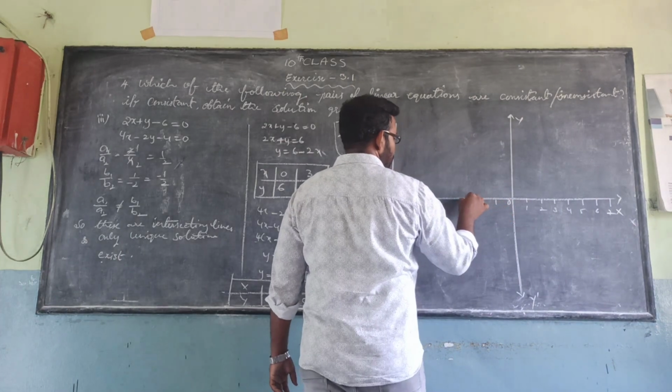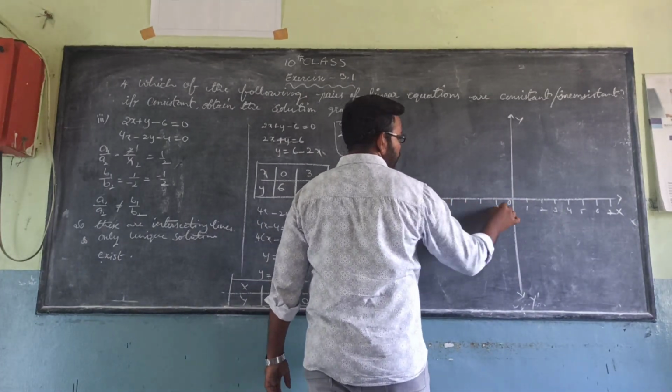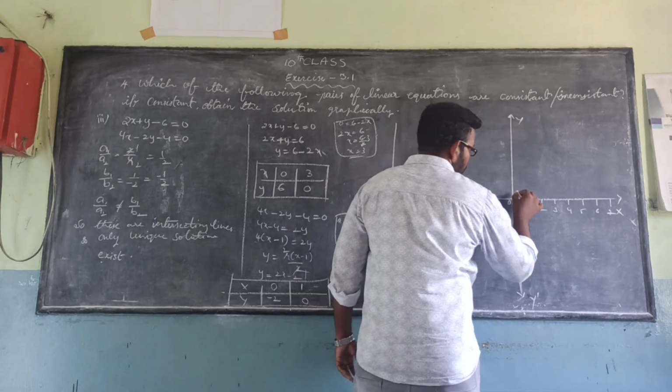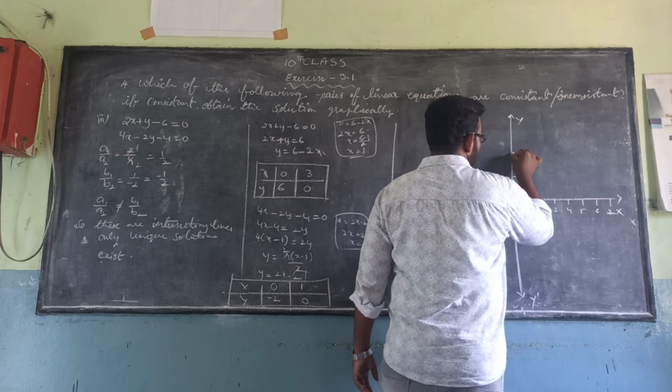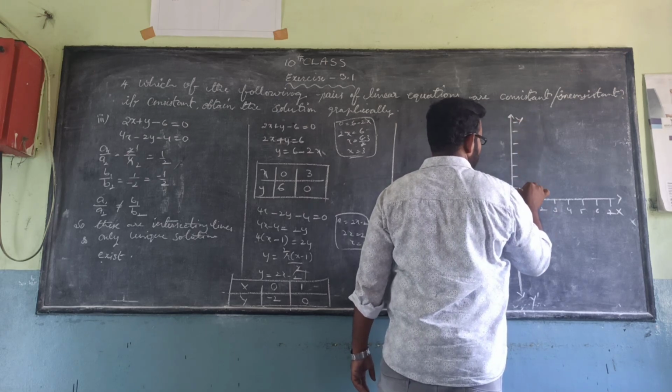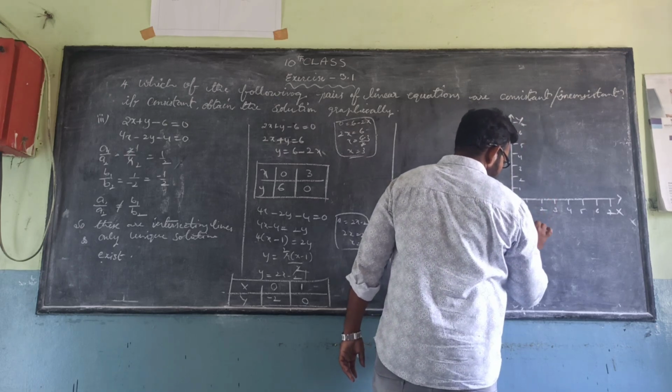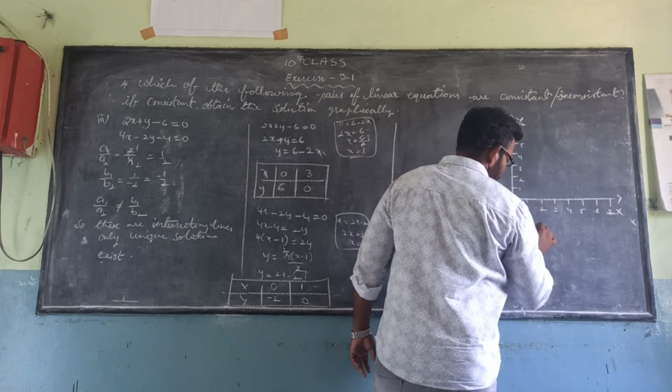Minus 1, minus 2, minus 3, minus 4, minus 5, minus 6. 1, 2, 3, 4, 5, 6, 7. Minus 1, minus 2, minus 3, minus 4, minus 5, minus 6.